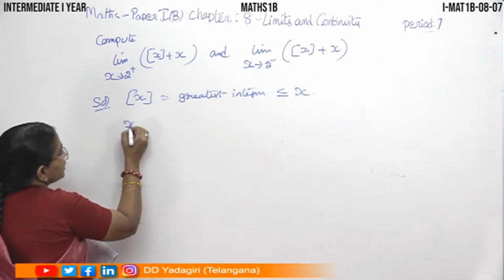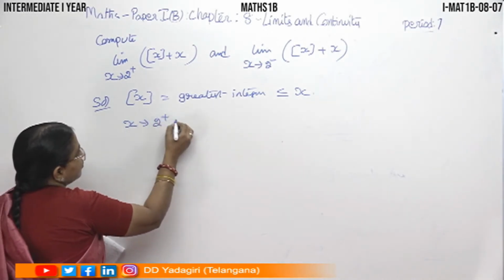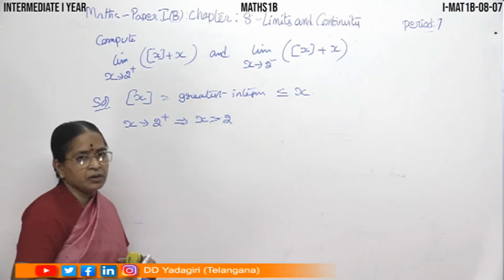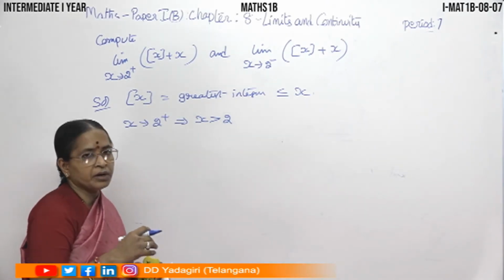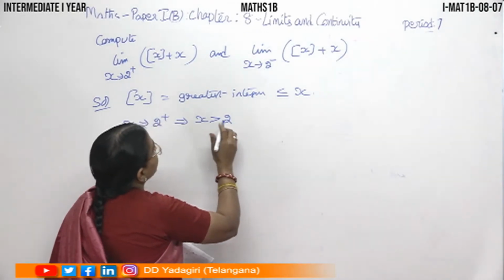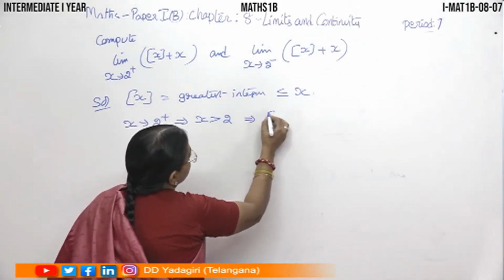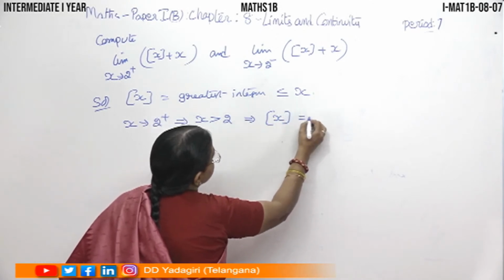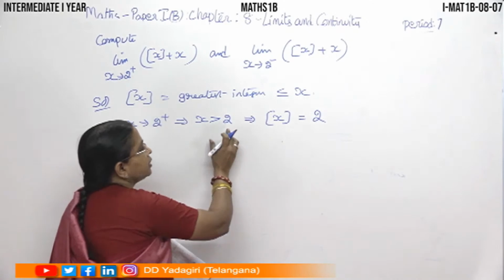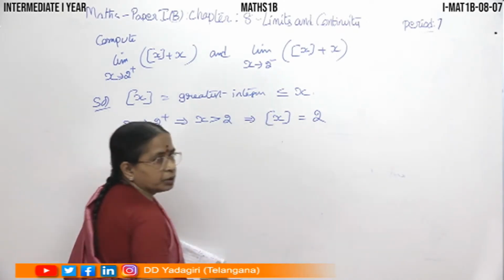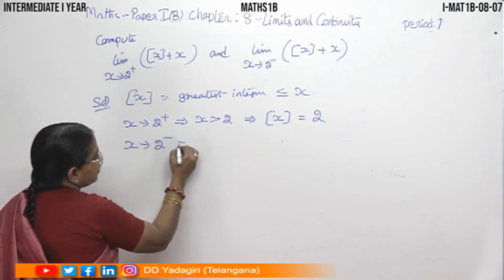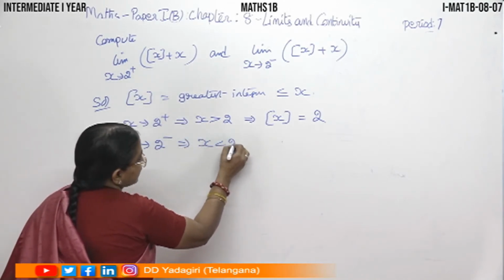Now x tends to 2 plus means x is greater than 2. X takes values like 2.1, 2 point something, nearer to 2 but greater than 2. So what is the step x value? Its value is just 2 only, because the greatest integer nearer to 2 is 2. Now x tends to 2 minus means x is less than 2.